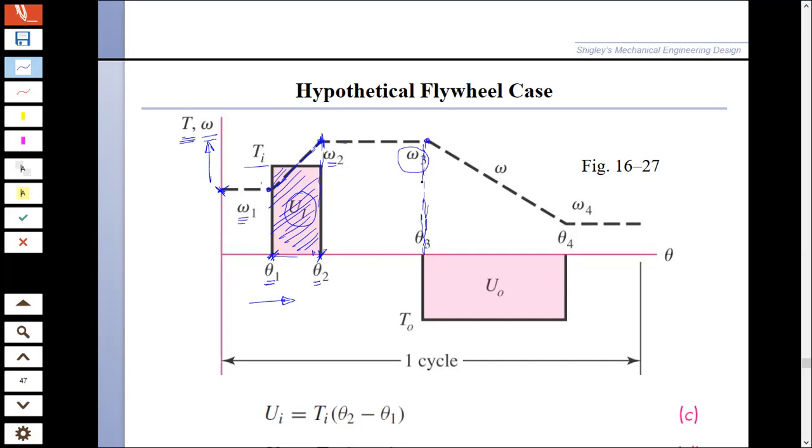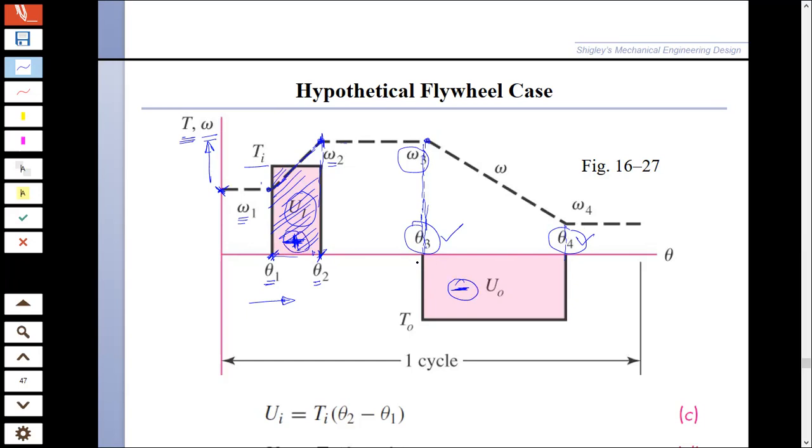Or power is spent over here. That starts at an angle theta 3, and the energy that is consumed is between theta 3 and theta 4. Since this is energy that is consumed, if we call this positive, then this should be negative.